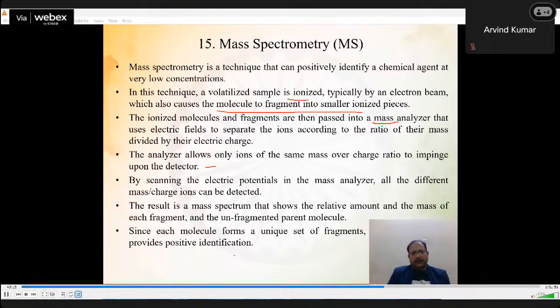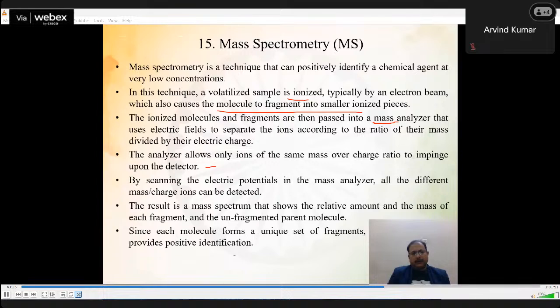To simplify interpretation of a mass spectrum, it is best to introduce only one compound at a time. This is often achieved by using a gas chromatograph to separate the components in the sample. The end of the gas chromatography column is connected directly to the inlet of the mass spectrometer.